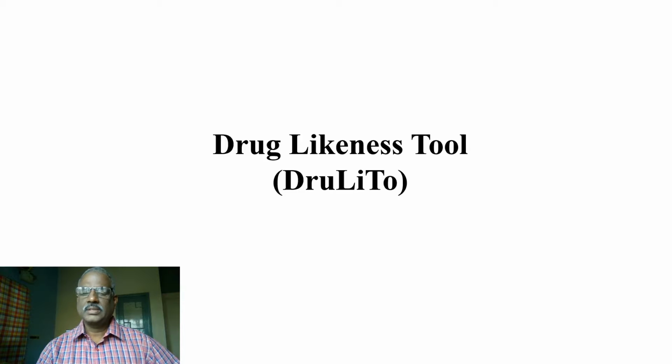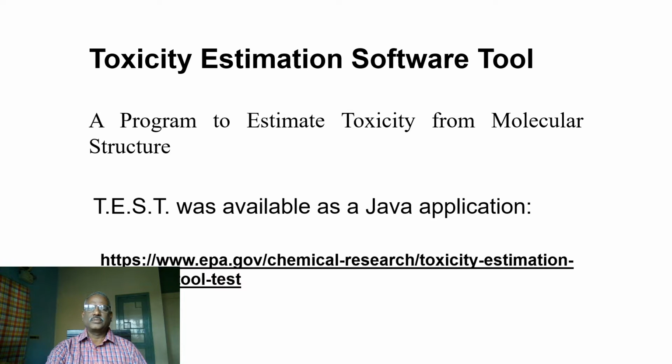Ghose filter, blood-brain barrier rule, and CMC-50 like rules. It also includes the quantitative estimation of drug likeness. It uses the Chemistry Development Kit, a Java library for descriptor calculations. This is very useful for young researchers.